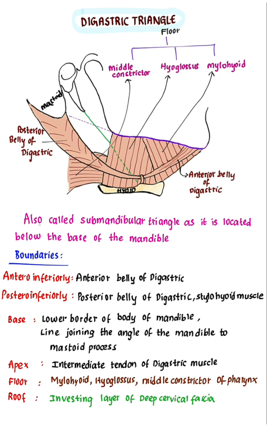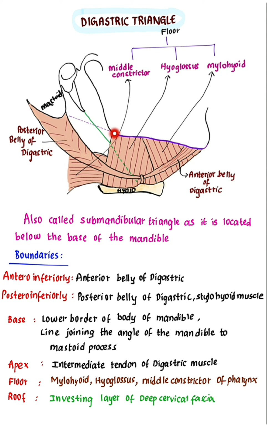Digastric triangle, it is also called submandibular triangle as it is located below the base of the mandible. Boundaries of digastric triangle. Antero-inferiorly, anterior belly of digastric. Posterior-inferiorly, posterior belly of digastric supplemented by stylohyoid muscle. Base, you can see the base is directed upwards.